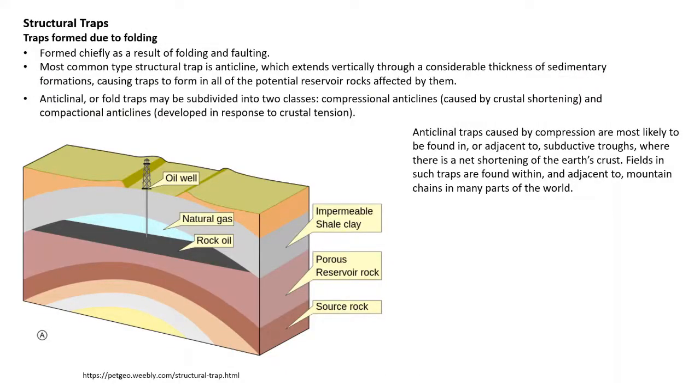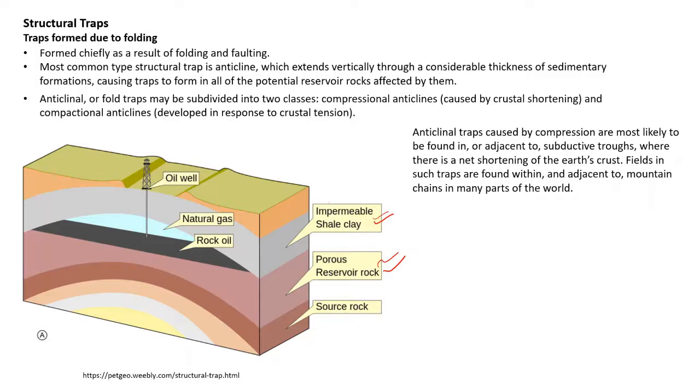Okay, so let us now look at the structural traps. This is a very common and simple diagram. You can see that these are anticlinal folded structures where the hydrocarbon is preserved, or trapped, in the reservoir rock. And interestingly, an overlying impermeable shale layer is there.